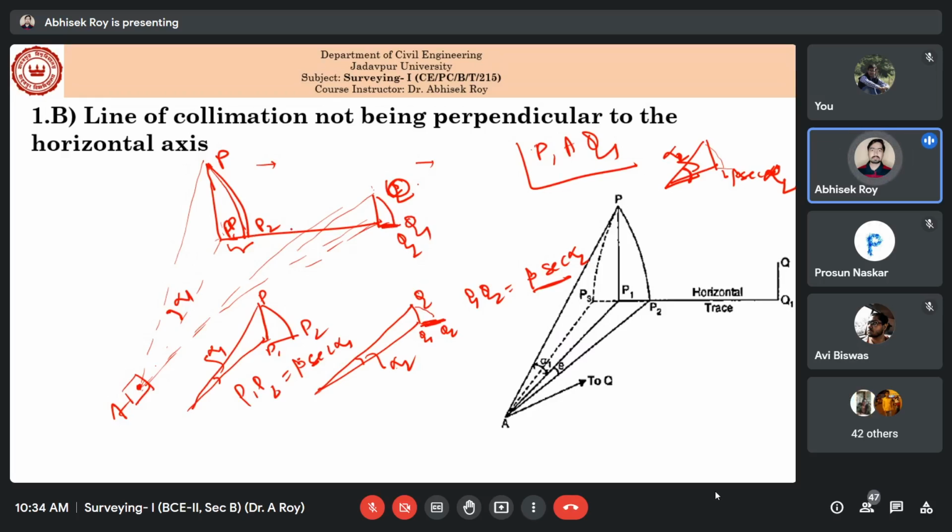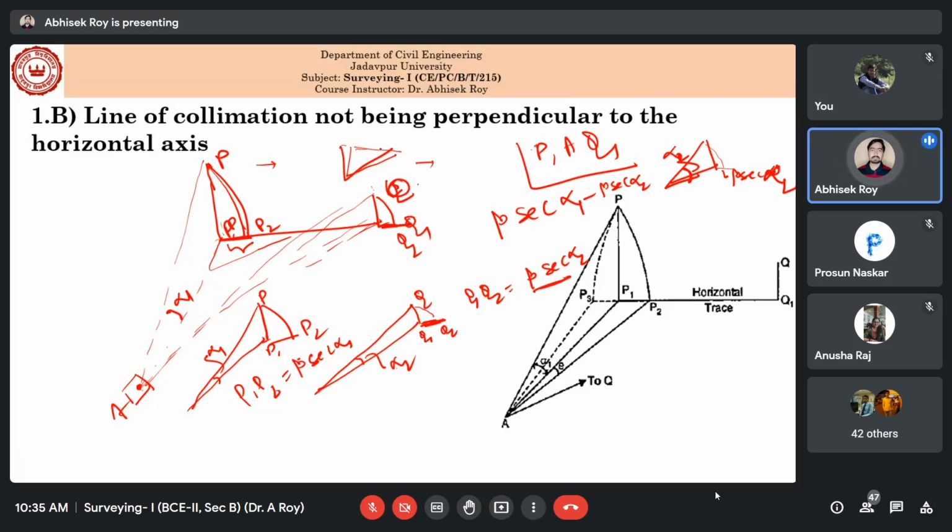So what is the ideal error? What is the actual error that is happening? The actual error is beta sec alpha 1 minus beta sec alpha 2, right? There is some measurement error here, there is some measurement error here. So instead of this one you are measuring like this. So there is some kind of error.